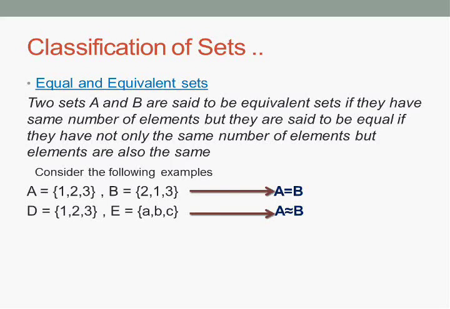Such sets are said to be equal sets and it is written as A equals B. In example 2, sets D and E have the same number of elements, but the elements are different. Such sets are said to be equivalent sets and are written as D equivalent E.